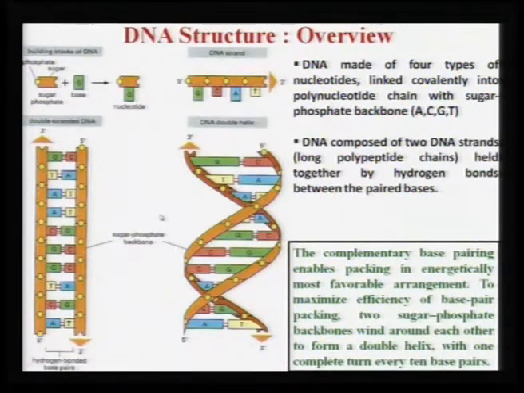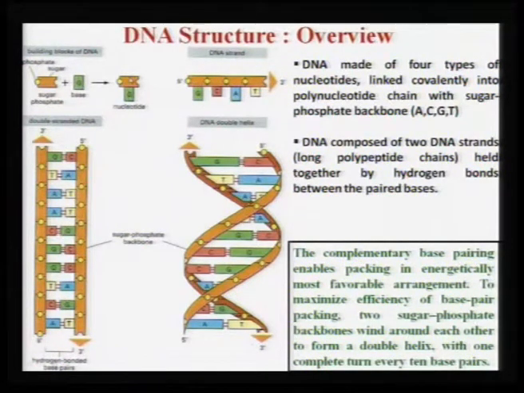This is the DNA structure. If you look at the top left of the slide, what are the building blocks of DNA? The building blocks of DNA are phosphate, sugar, and there is one base. This is called base pairing. Sugar phosphate plus base is what is known as the nucleotide.